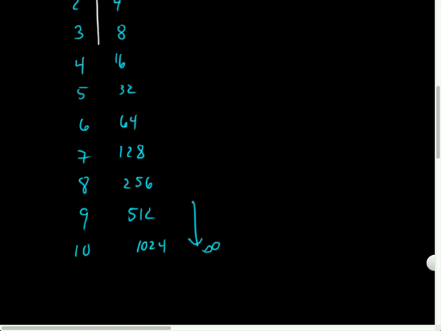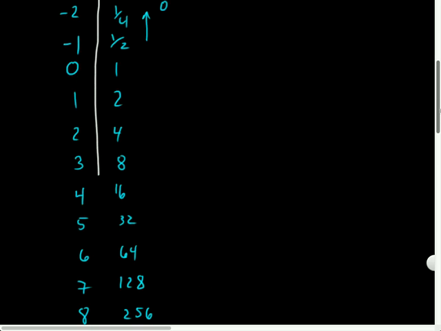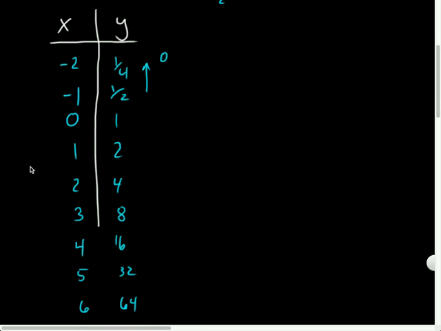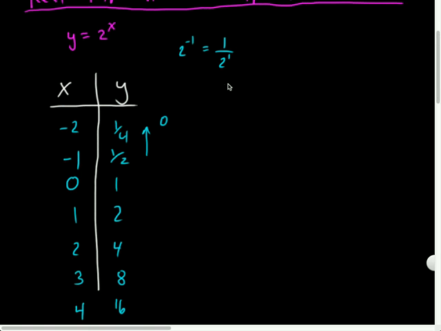Let's see. So it turns out that, well, actually, you guys might know this. What happens if I plug in 2 to the 1/2 power? Whoa, my bad, let me slow down.